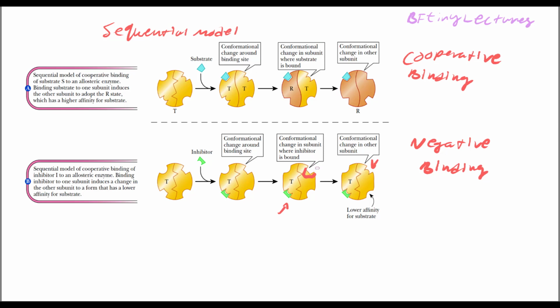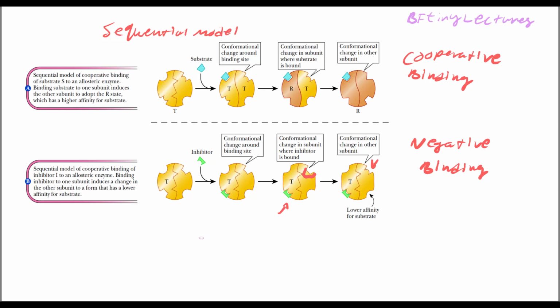So it was saying, since I'm tight, I'm going to make the whole enzyme tight. I'm going to mess with the active sites and change the shapes. So now the substrate can't even bind to the other side. It's going to take a little bit of time, but overall, the enzyme is going to be inhibited.